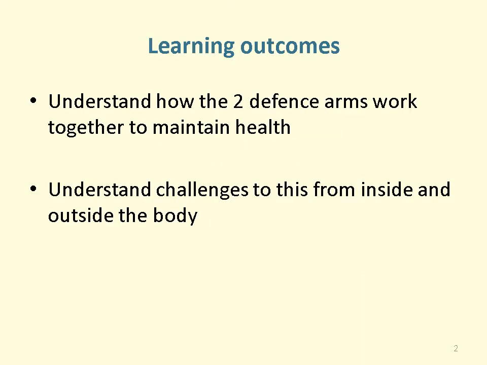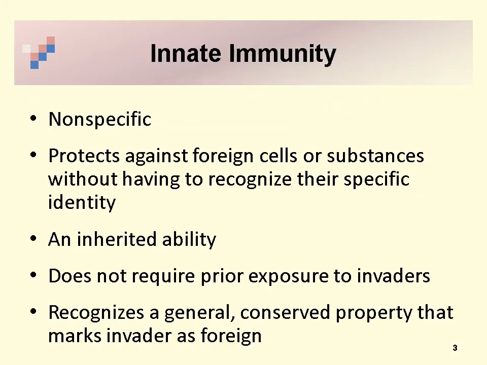Okay, so from today, think of multiple choice questions, think of short answer questions. We're looking at the 2 main defense arms that are part of the immune system, and we'll also look at how those 2 arms collaborate together to defend us against disease from microorganisms, which most of you who've done higher biology will understand.